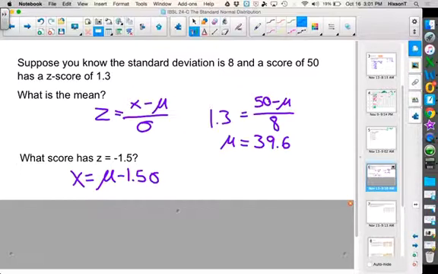Okay? So we have 39.6 minus 1.5 times 8, which that's 12. So 39.6 minus 12 is 27.6. Okay?